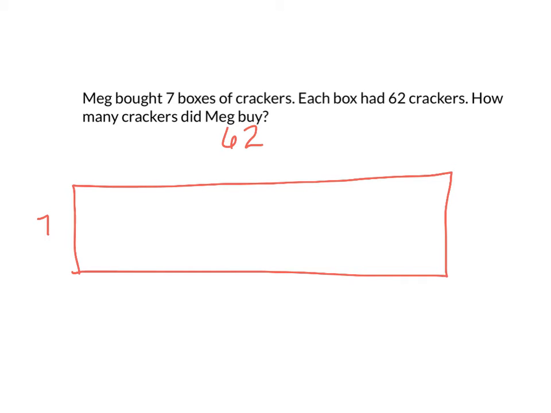Okay. I want to break 62 into friendlier facts. I'm going to show you 2 different ways that we could do this. The first is I can think of 62 as 60 and 2. And I can solve that problem. In this box, I'm solving the problem 60 times 7.